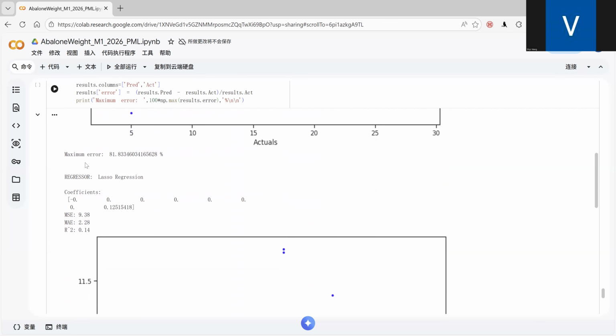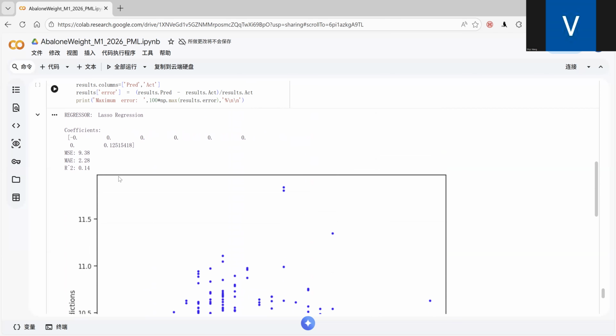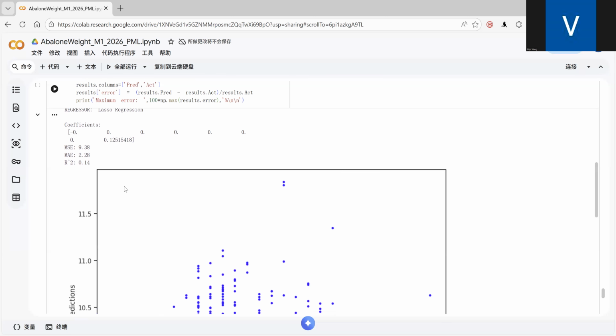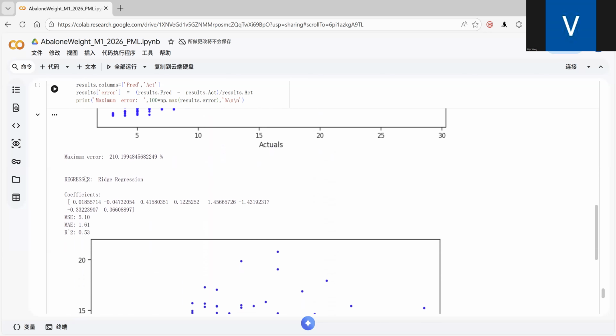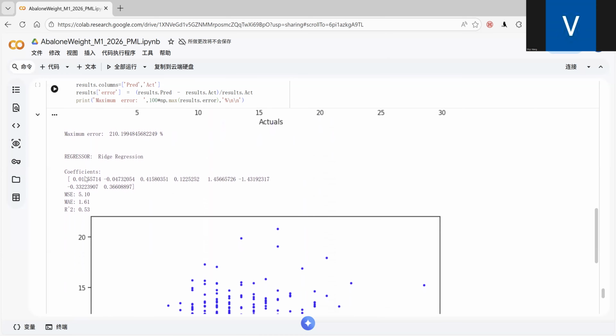It shows that the maximum error is about 81%. Okay, the next one is the lasso regression. It's not so good because the R square is very low, like 0.14. Okay, the error is so big.